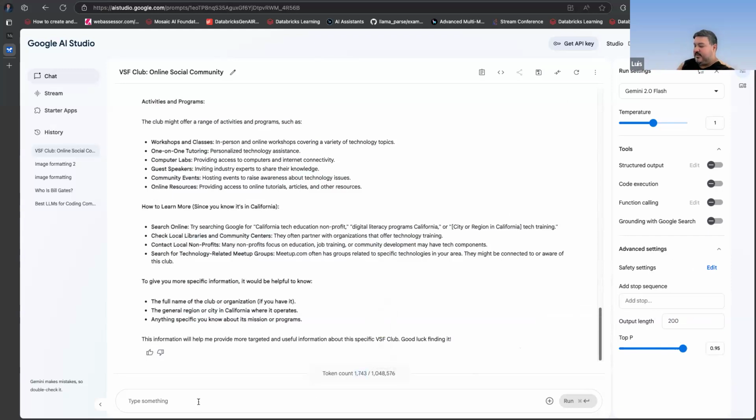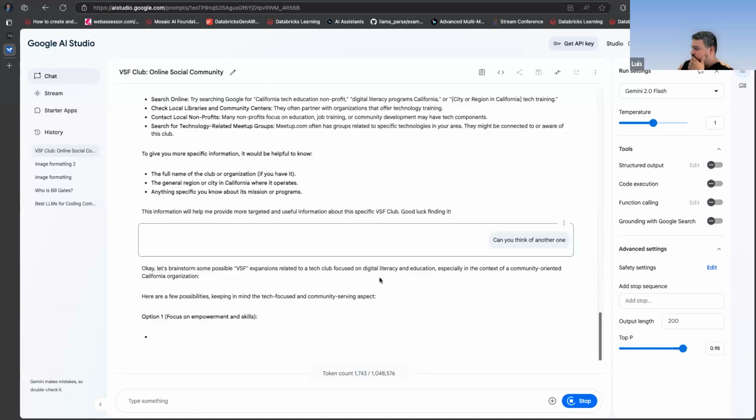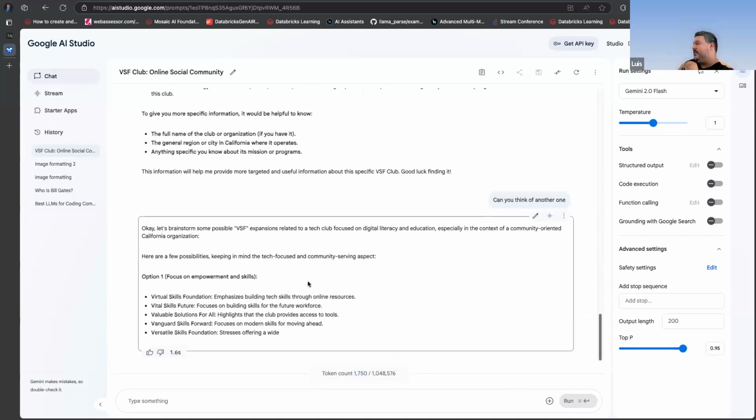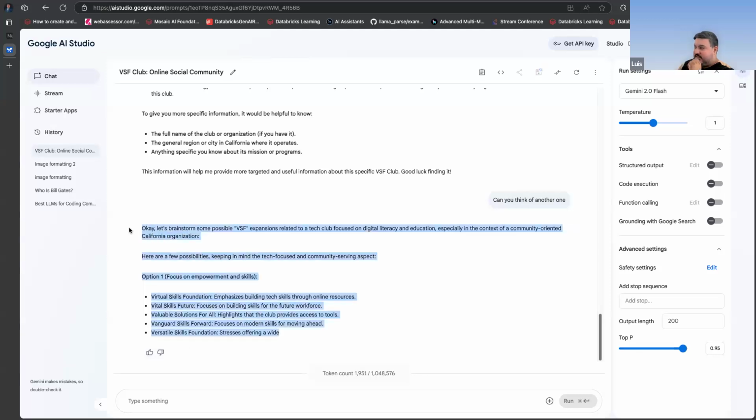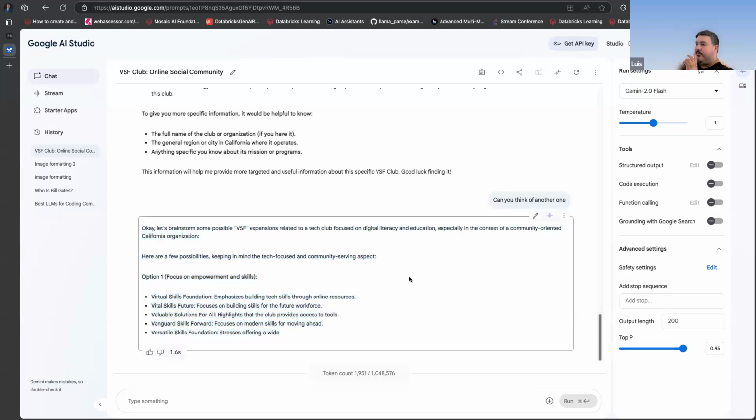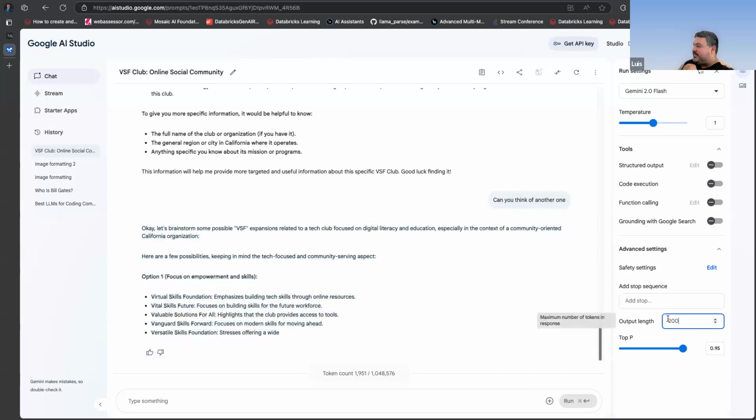And I can ask and say, can you think of another one? So you can see here, it automatically did something extremely smaller and was able to think of something and respond to me in a shorter way. But why? Because I changed the max output length to only 200 tokens.